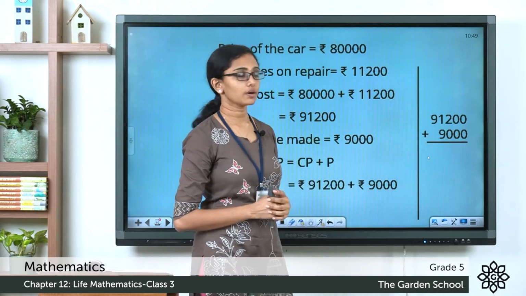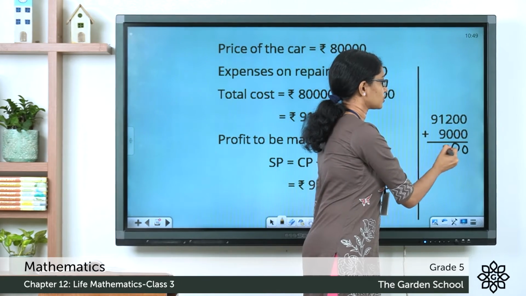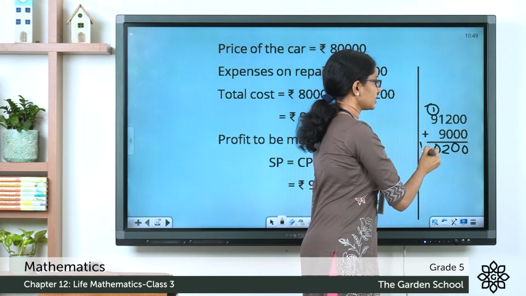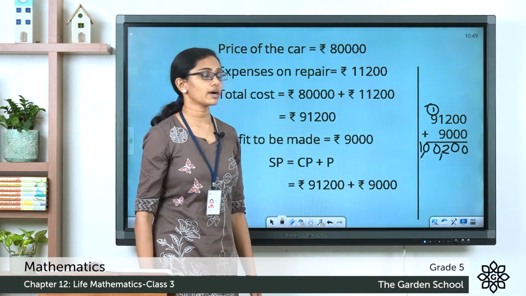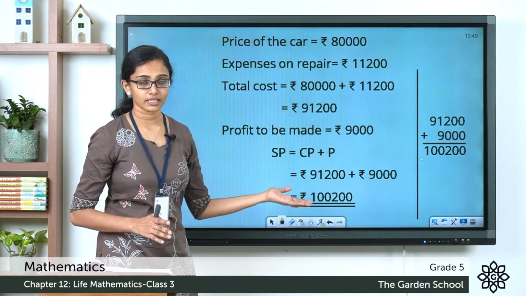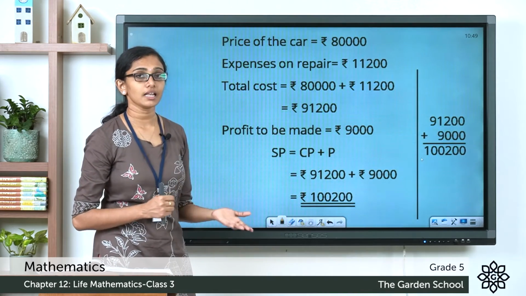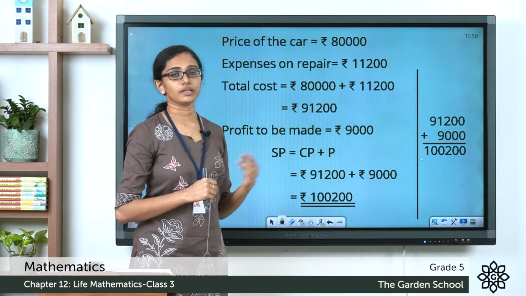Let's do the sum in the working column. So here we have 0, 0, 2, then carry over here. Now, what is the amount? It is a total of 1,200,000. So, to make a profit of rupees 9,000, Sanjay should sell the car at a price of rupees 1,200,000.